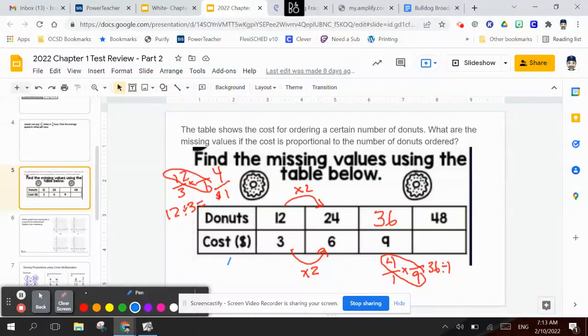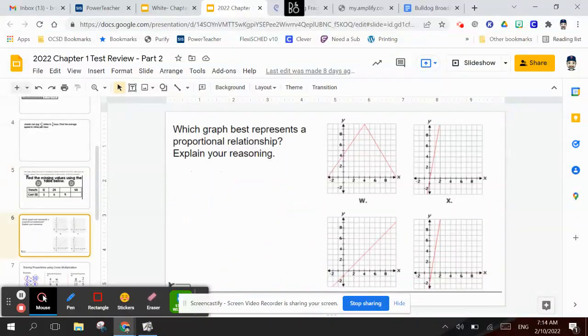So again, if I have 4 over 1, 4 donuts for $1, and I have 48 donuts, I cross multiply. 1 times 48 is 48. I divide that by 4, and I get $12. As long as they're proportional, you can use a cross multiplication method and divide to help you solve for those.